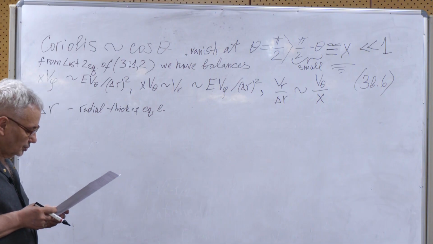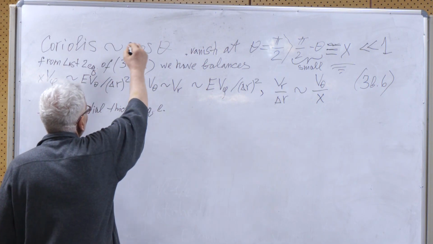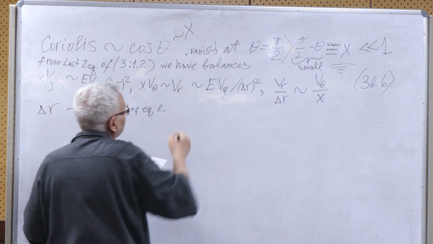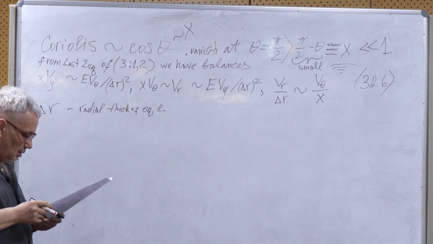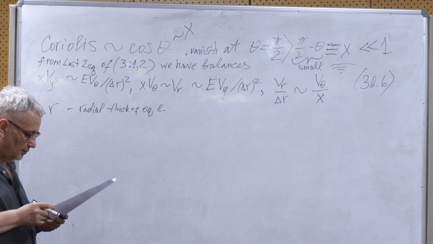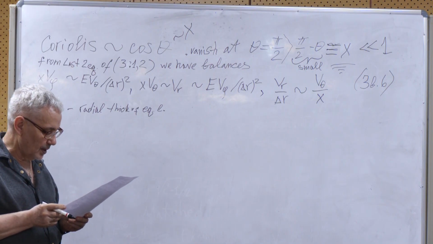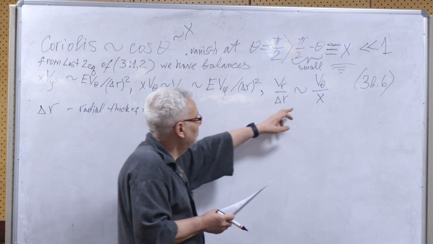When the Coriolis force is proportional to x, or in other words proportional to theta, and it vanishes at the equator in the left-hand side of the latitudinal equation, the latitudinal pressure gradient remains for the balance.